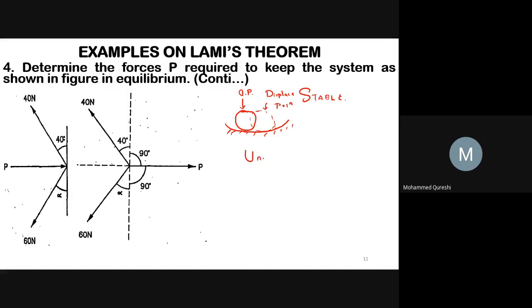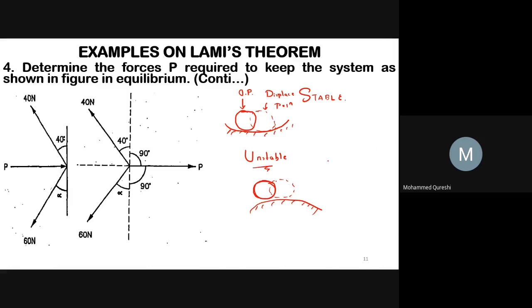Second is unstable equilibrium. What is unstable equilibrium? Suppose this is your surface, a body is said to be in unstable equilibrium if it does not return back. Suppose this is your object or body, it does not return back to its original position after it is slightly displaced from the position of rest.